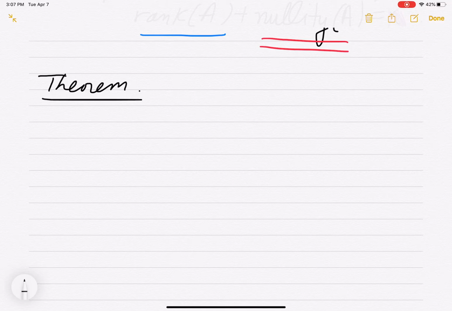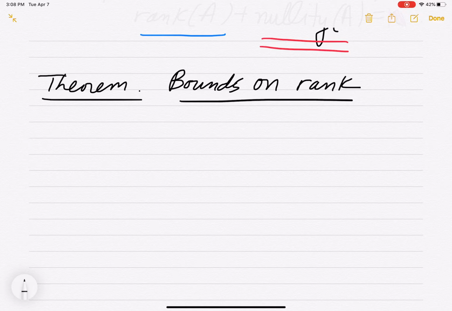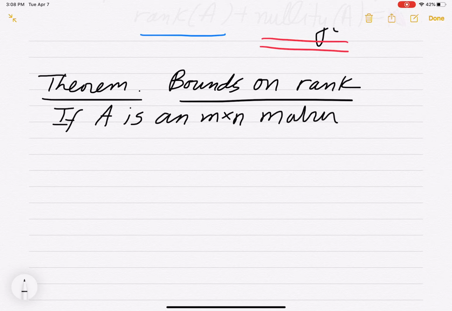I'm going to call this bounds on rank. What is the rank bounded by, above and below? That's the name I'm going to give this theorem. I think this one's in your book, but it's important. If A is an m by n matrix, then the rank of A is in between 2 things.